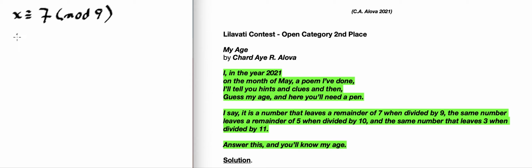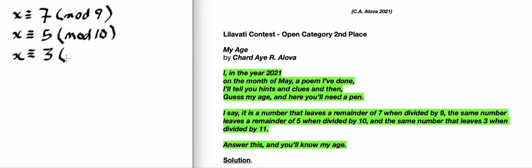The same x is congruent to 5 mod 10, since it leaves a remainder of 5 when divided by 10. And this same exact number leaves a remainder of 3 when divided by 11.